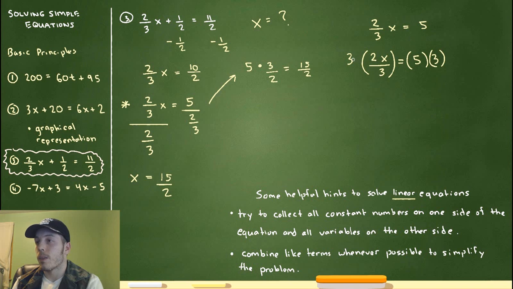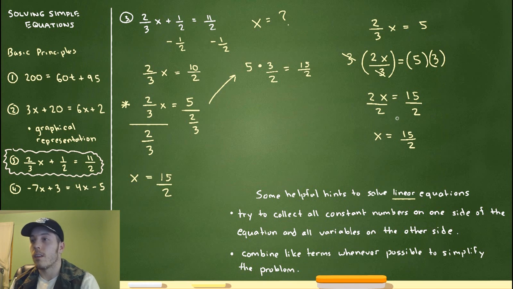So now 3 times 2x over 3 will just be 2x is equal to 15. And then lastly, we want to get rid of this 2 because we're trying to isolate x. So we divide the left side by 2. We do the same thing on the right. So we get x is equal to 15 over 2.